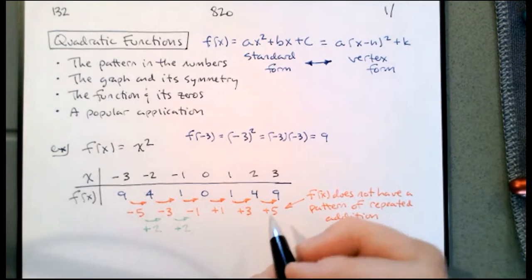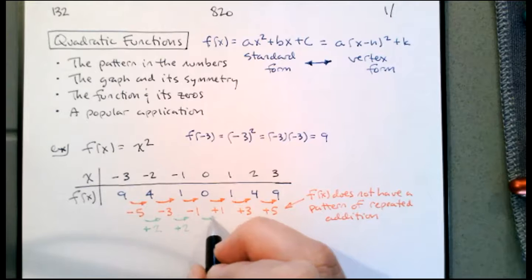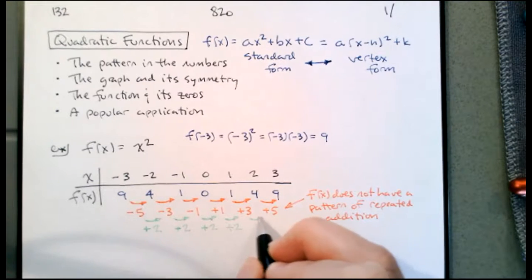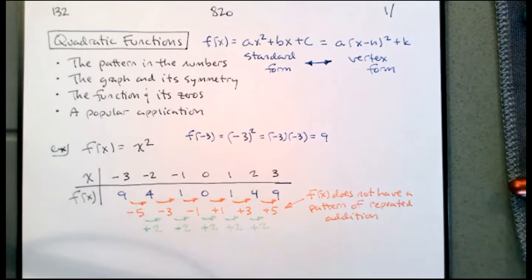From -1 to +1 is an increase of 2. From 1 to 3 is an increase of 2. And from 3 to 5 is another increase of 2. So f of x does not have a pattern of repeated addition, but how f is changing does have a pattern of repeated addition. So it's linear one level down.